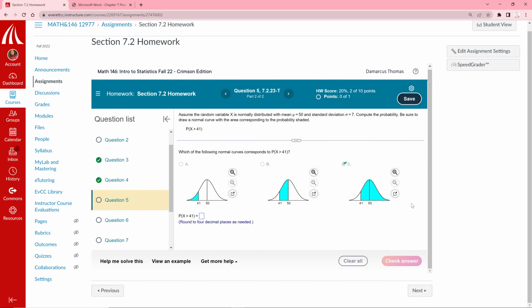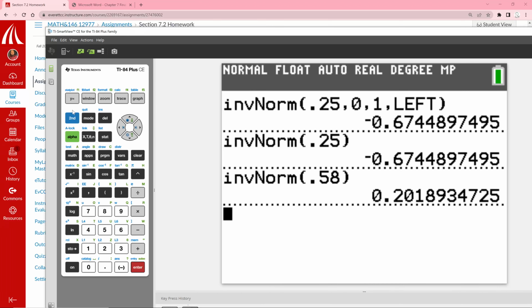What is the probability there? Well, what we would do is do the normal CDF this time, since we have the bounds and we need the area. So the lower bound is 41 and the upper bound is unbounded. So let's do that.